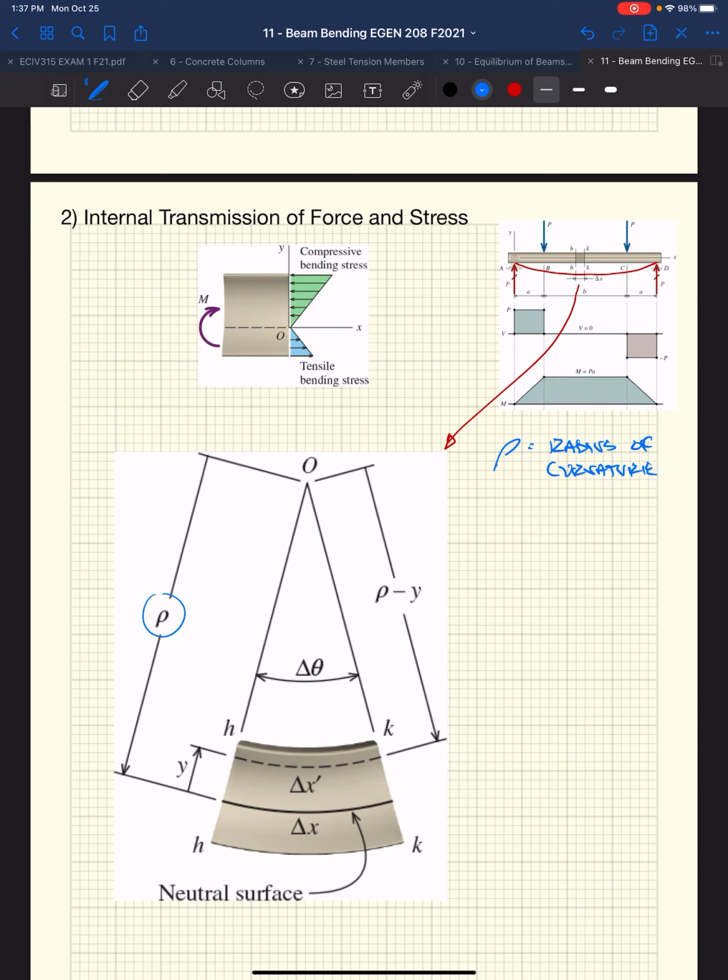We call this distance y. So we're looking at a line within our cut beam that's a distance y up from our neutral axis. That new curvature distance is our initial radius of curvature, which is our neutral axis, subtracted by our y distance.